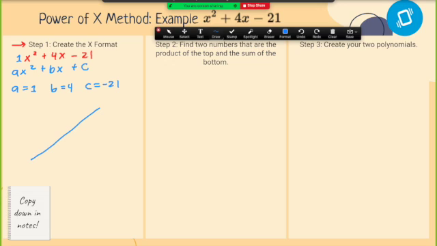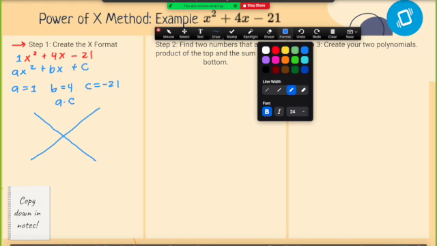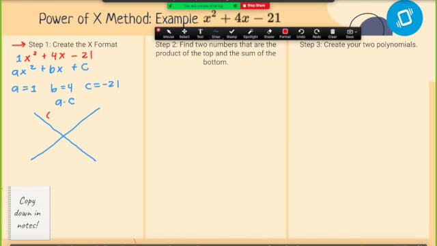All right, so now we can create our x. Again, what goes on top is A times C. So we have 1 times negative 21, that equals negative 21. On the bottom, we always have B. And our B here is positive 4.